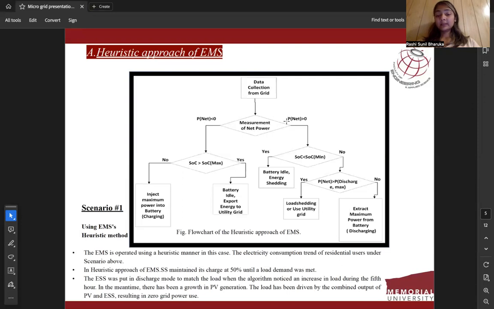If the net power is less than zero, at midday, when solar energy gain is at its maximum, the maximum power will be injected into the battery. So the battery is put on charge, to the maximum battery charge, gaining power in energy storage.